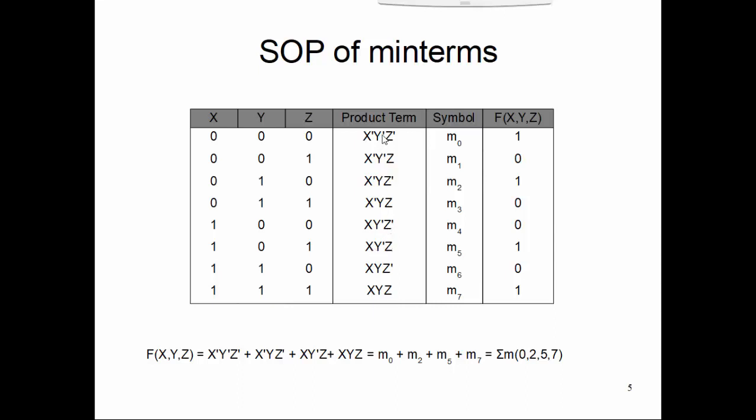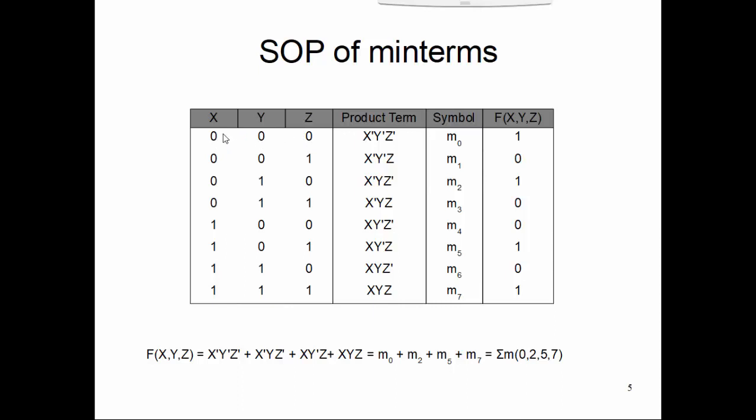Now for each product term we assign a minterm symbol. It's usually denoted as a lowercase m with a suffix of an integer number, like m0, m1, m2, m3. What are these indices? The suffix value of the symbol small m is basically the decimal value combining the three values of the variables.